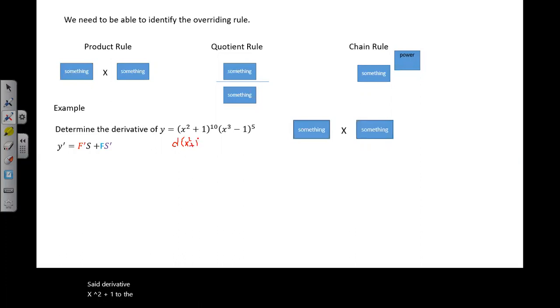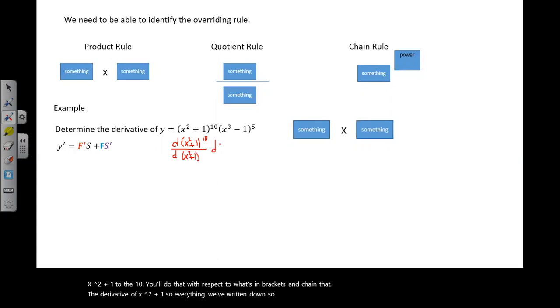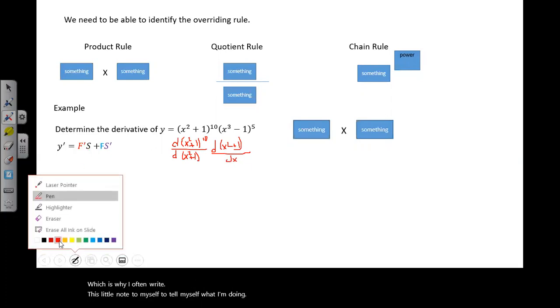You'll do that with respect to what's in brackets, and chain that with the derivative of x squared plus 1. So everything we've written down so far is simply the derivative of the first, which is why I often write this little note to myself to tell myself what I'm doing. So that's the derivative of the first.